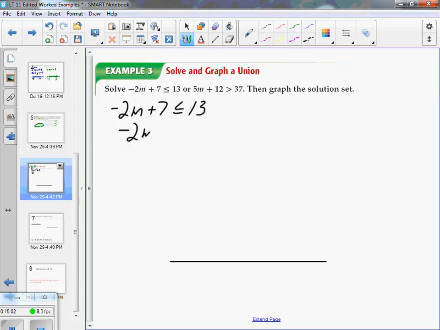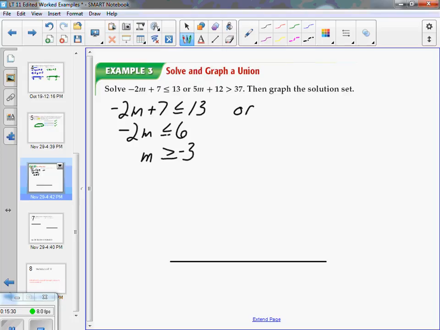I get negative 2m is less than or equal to 13 minus 7, 6. Now I do what to both sides? Divide by negative 2. And when I divide by a negative, I do what to that less than or equal to? Change it to a greater than or equal to. And then what's 6 divided by negative 2? All right, there's half of our solution.